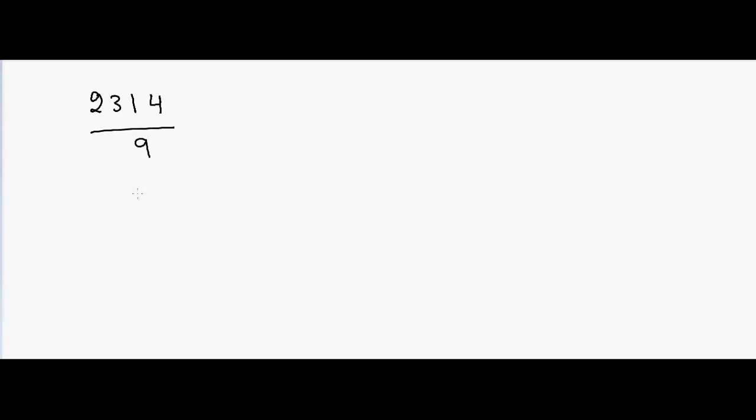In that case, we'll add all these four digits together. So 2 plus 3 plus 1 plus 4, that gives 5, plus 1 is 6, plus 4 is 10. If you divide 10 by 9, you will get 1 as a remainder. So your remainder would be 1 in that case.